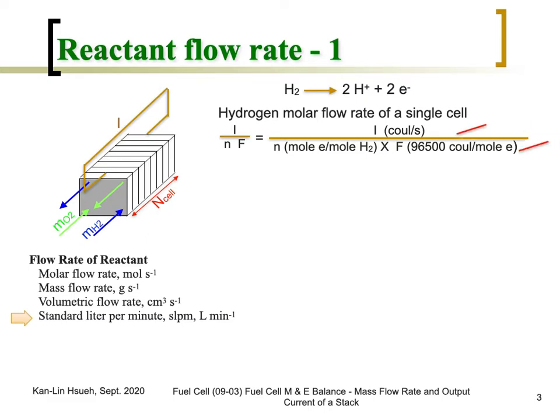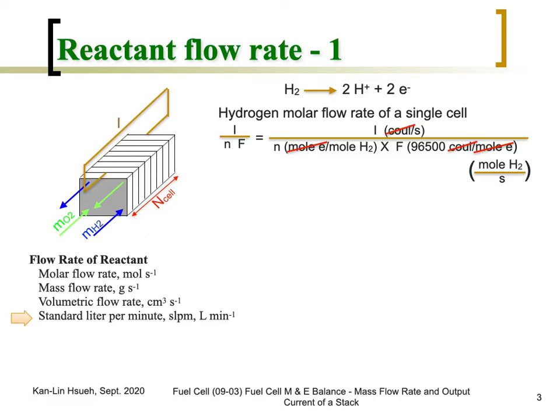From the units, the coulomb cancels out and the mole of electrons cancels out, which leaves moles of hydrogen per second. So from I divided by nF, if we know the current output from the fuel cell, you can calculate the molar flow rate of hydrogen needed theoretically to generate current I. This is for a single cell.